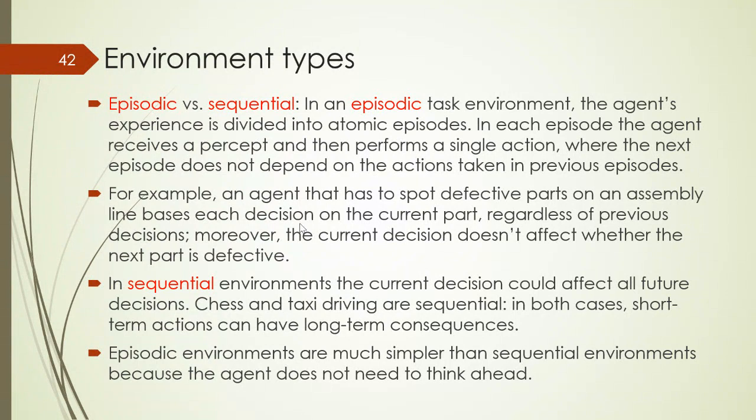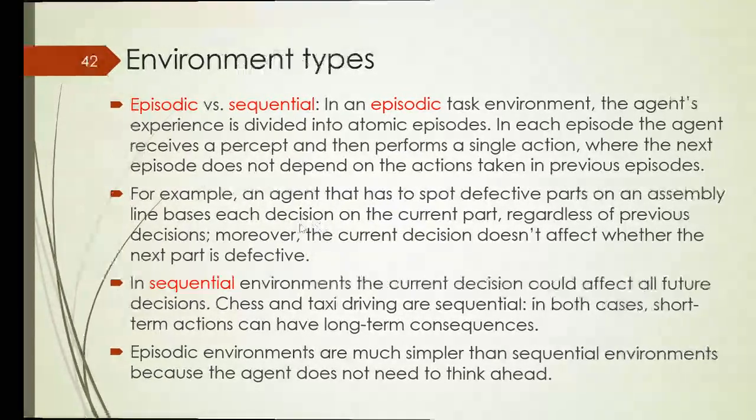For example, chess and taxi driver agents both work in sequential types of environment. Episodic environments are much simpler than sequential environments. In episodic, you make a decision based on what you have right now, and that's it. But in sequential, what you're making now might affect your next 10 moves, your next 20 moves in the future.